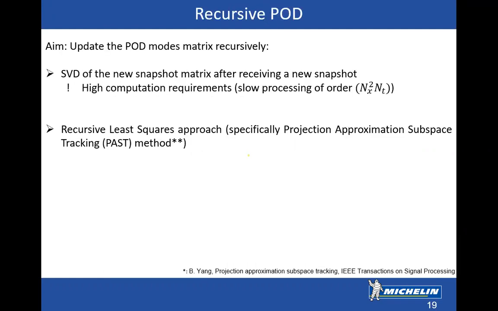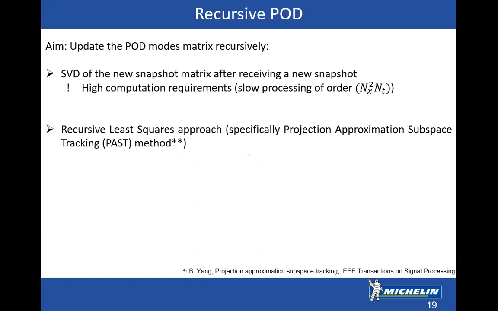So let's start with the recursive POD. Our aim is to update the POD recursively online. As explained before, the POD starts from the basis of the SVD. We found x hat, the reduced x, using the singular value decomposition and the first r singular values. So at each instant, after we collect a snapshot, we can do an SVD of the new snapshot matrix after receiving a new snapshot.